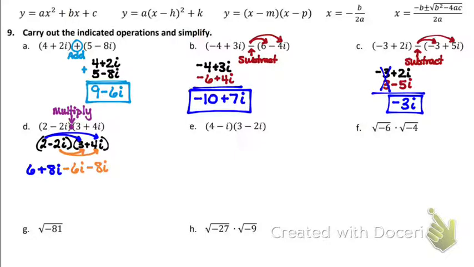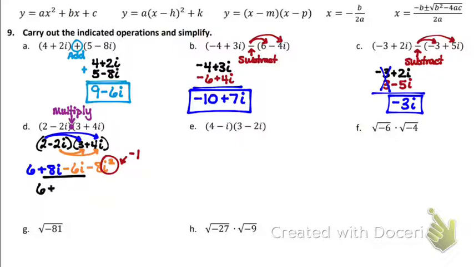I have i times i, so it would be i squared. Negative 8i squared. Do we have any like terms that we can combine together? 8i and negative 6i. And then we talked earlier, i squared can be replaced with what? Negative 1.